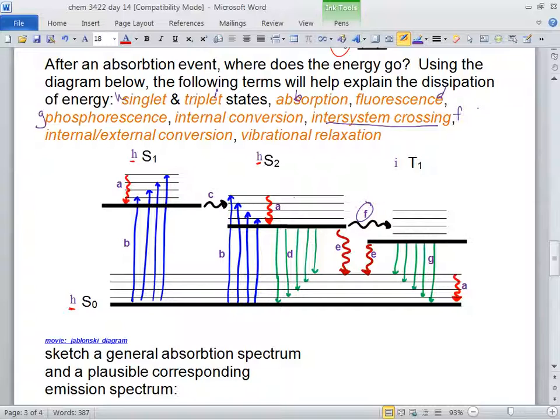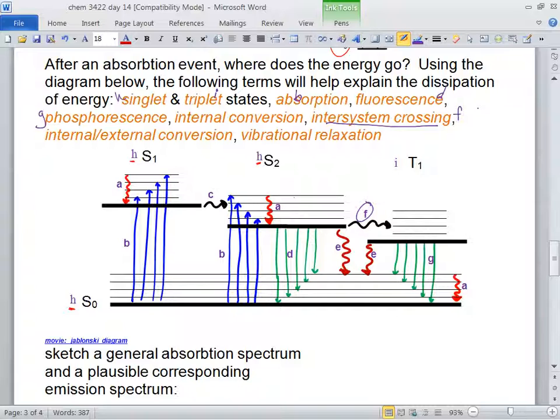So you have to somehow go from a singlet state to a triplet state. And what they're trying to say about how that happens is that one of these vibrational energy levels is right in sync in energy with an electronic energy level. They're exactly the same. That's about the only way you can get this to happen, they believe.